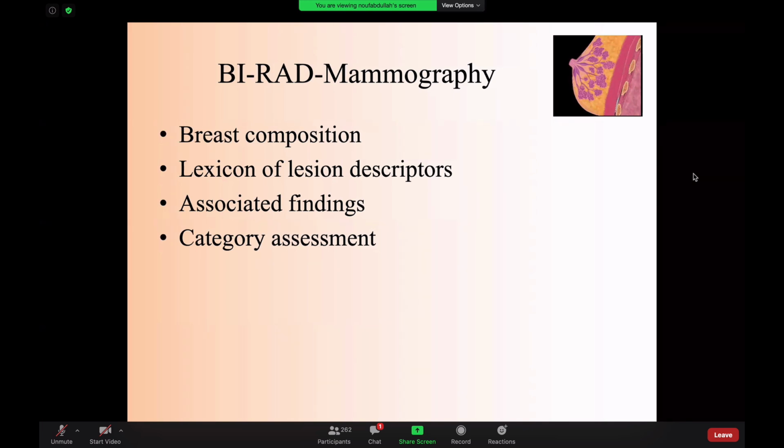And then we always talk about associated findings. And at the end, you have to give a category assessment. So any mammogram report should have all of this. You will talk about these 4 parts, and at the end, you will give your category assessment. And of course, you have to give your recommendation.